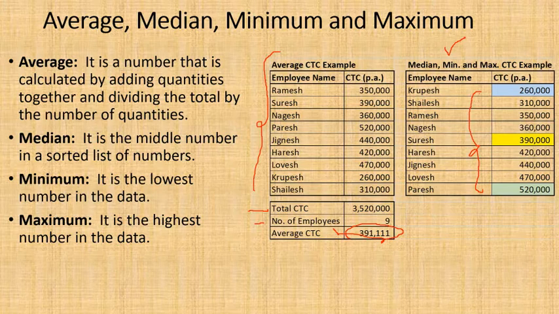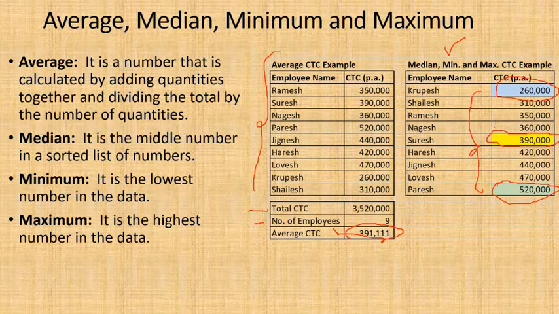In this case, Suresh's salary is coming in the middle, and hence it is the median salary. In the same data, Krupesh's salary is the lowest, and hence it is the minimum salary. And Paresh's salary is the highest, and hence it is the maximum CTC. So this is the explanation on what is percentile, average, median, maximum, and minimum.